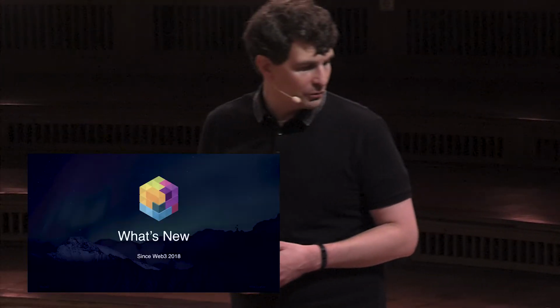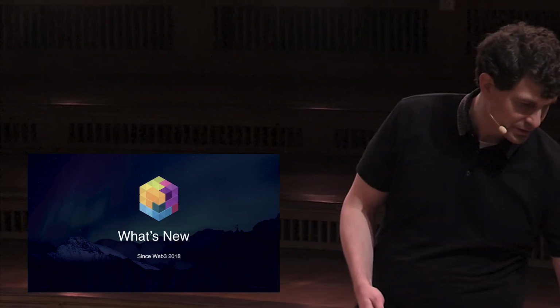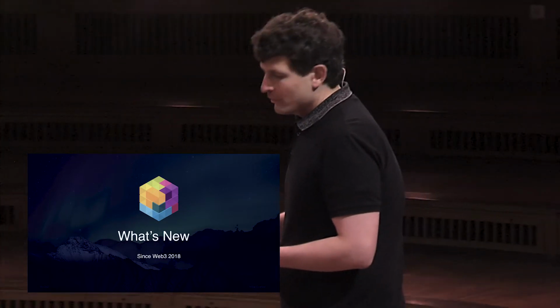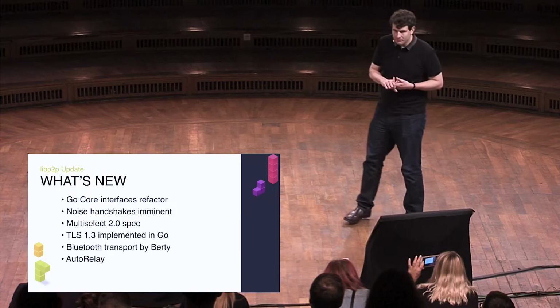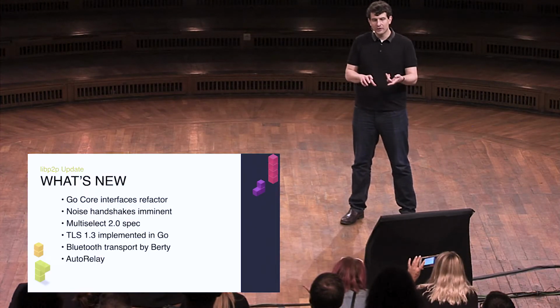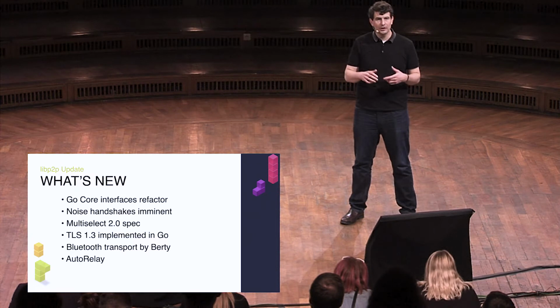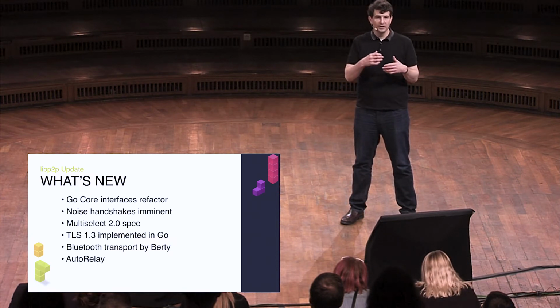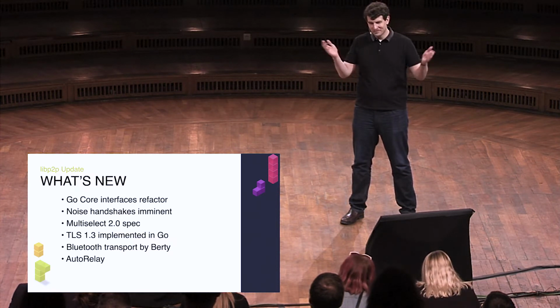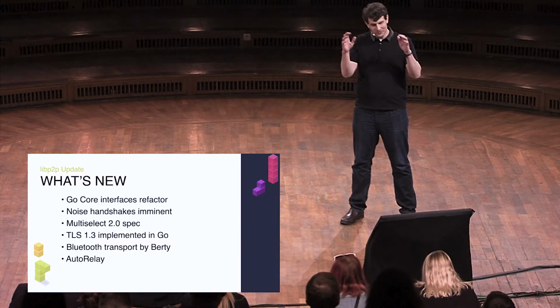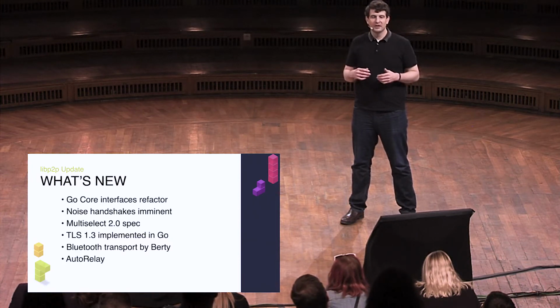Okay, I just want to do one slide on what's new because that's fun. First, we did some big changes in Go. It's not on this slide, but we switched to Go mod as our module control system. We're hoping to reduce the number of repos over time.